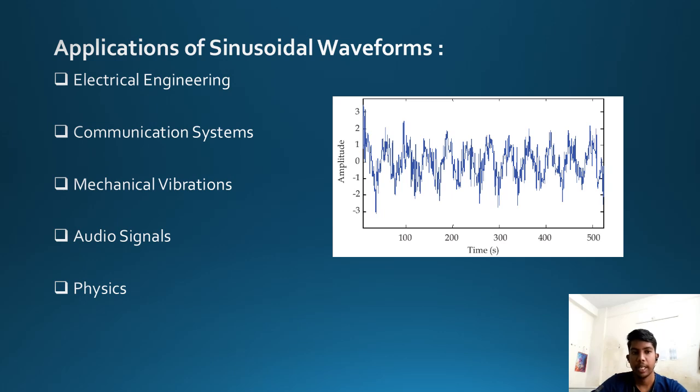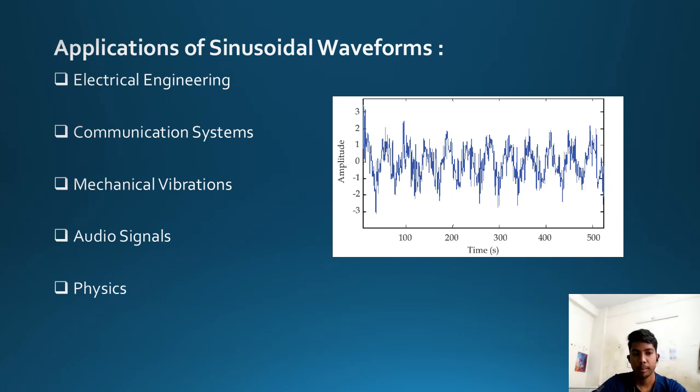Another most important application of sinusoidal waveforms is in communication systems. The example for this application is carrier waves. Sinusoidal signals are used as carriers in AM and FM radio, television, and cellular communication.